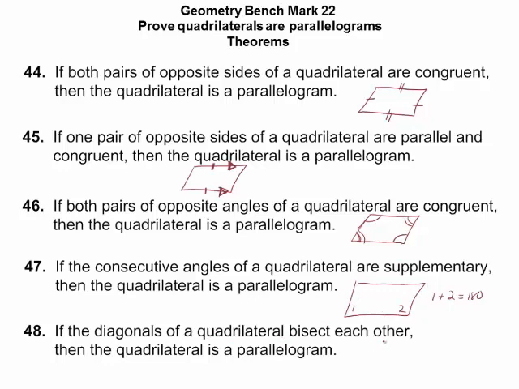And then if the diagonals bisect each other, you're a parallelogram. So basically it's everything that we talked about as if you're a parallelogram, that means these things, except you're going backwards. If you have these things, then you are a parallelogram. The only thing that we didn't have on here, or before, was this one.